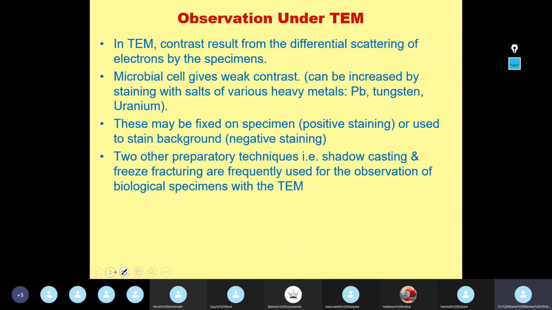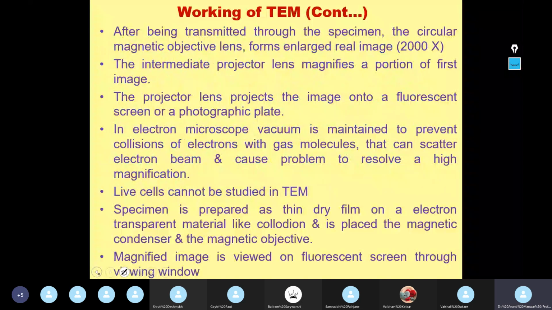As far as observation is concerned, two ways are there. One thing should be very clear: whenever you talk about transmission electron microscopy, make a note that you cannot study live cells under it.